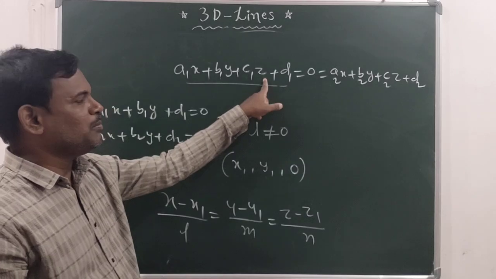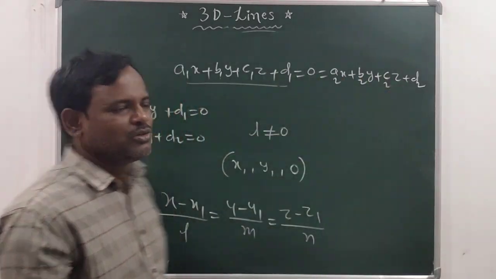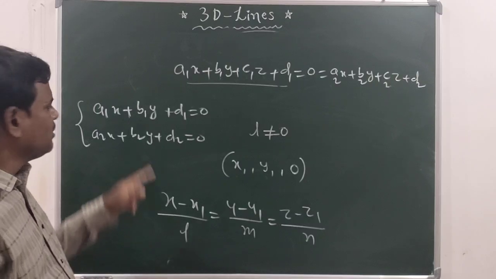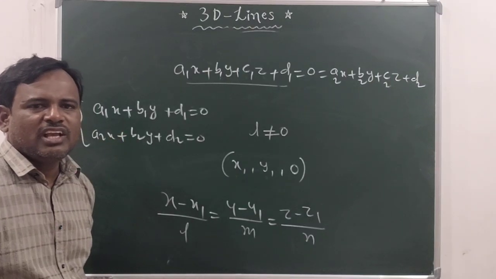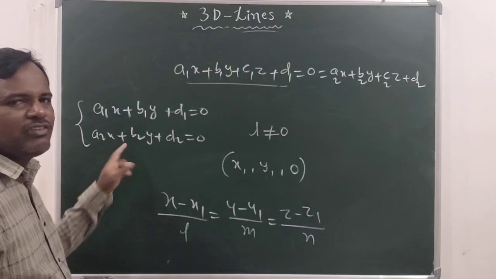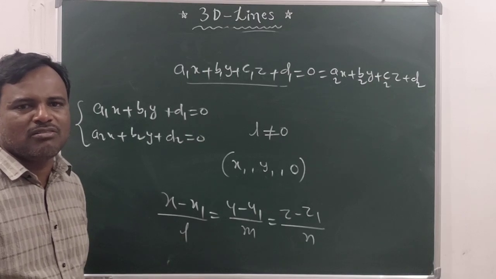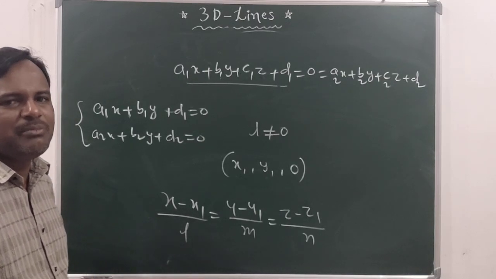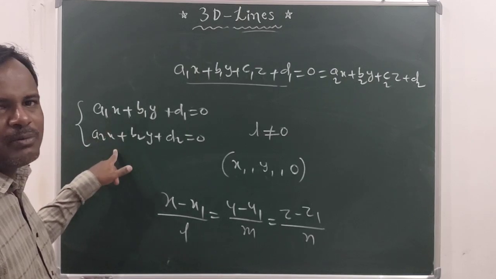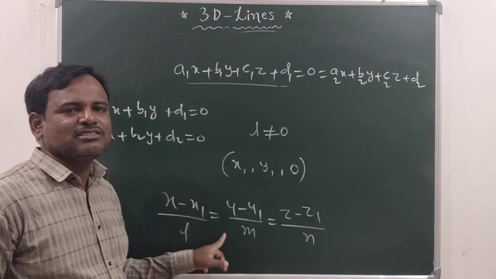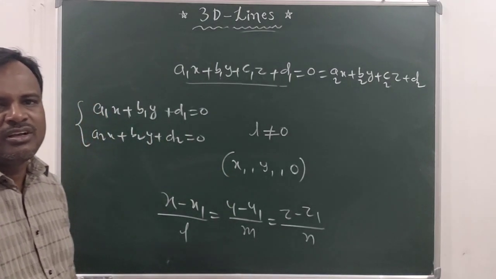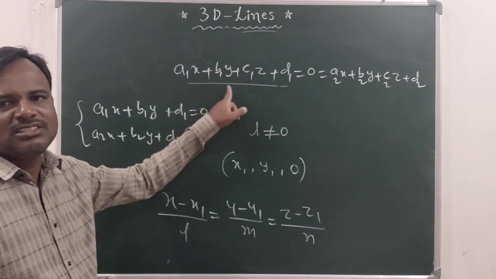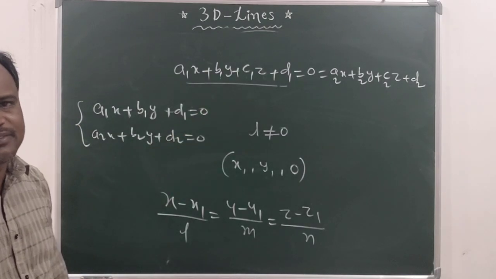So in the place of z I kept z equal to 0, so that I got these two equations. I went for solving. So I got x1 y1. You know how to solve these two equations. We have many methods to solve: substitution, elimination, cross multiplication method. Many methods are there. Solve it and obtain x1 y1 and come back and substitute here, so that you will get the symmetric form of this unsymmetrical line.